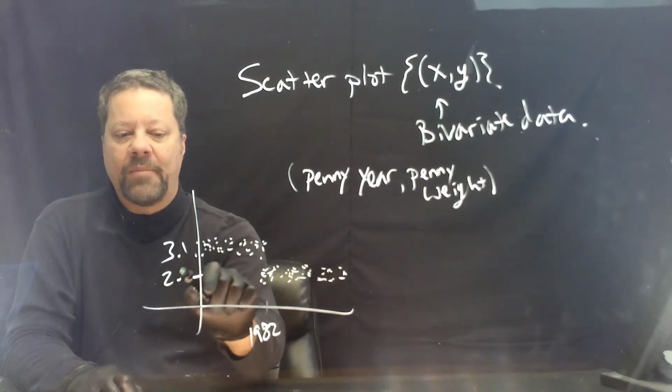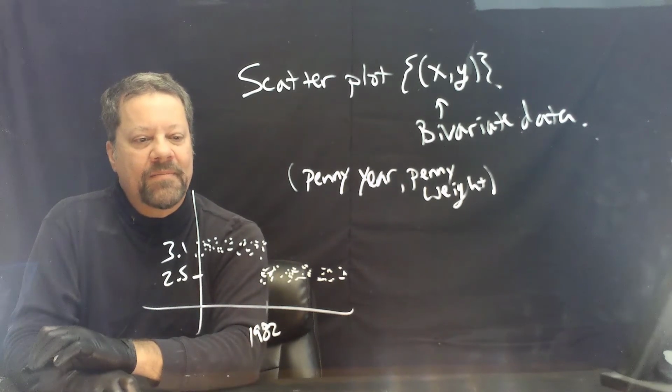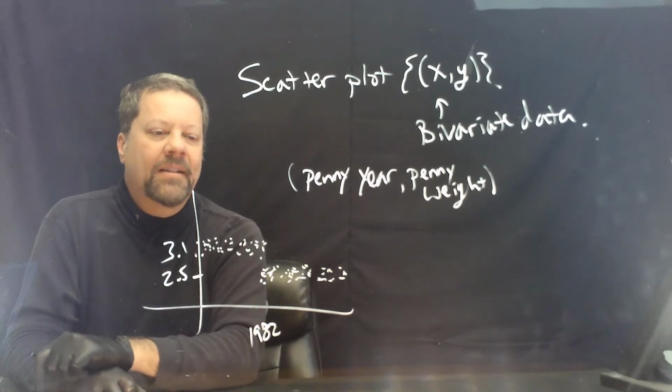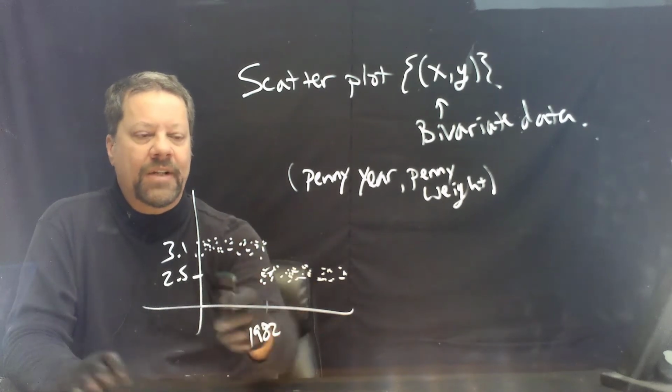And so then they dropped to about 2.5 grams. A little different pennies might weigh slightly different amounts, and so you might have little variations. Your scatter plot might look something like this.